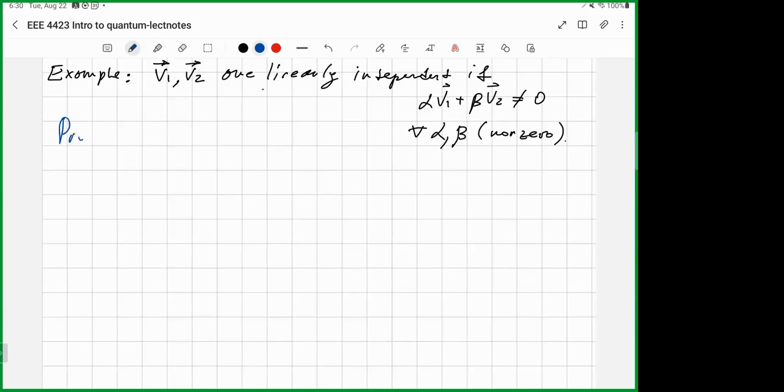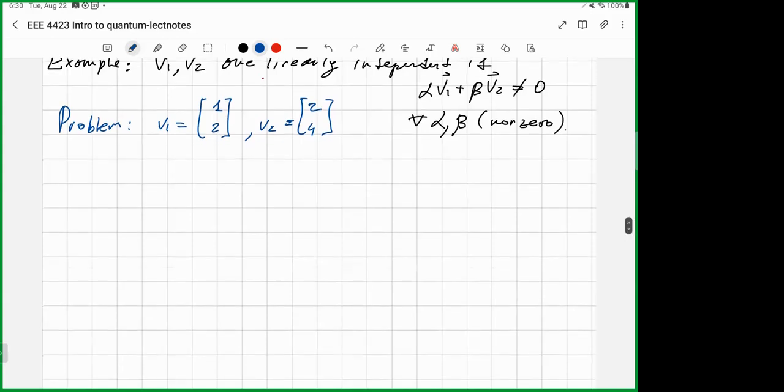So problem number 2, right? Let's take two vectors: v1, let's say 1 and 2, and vector v2 with components, let me take, for example, 2 and 4. So v1 is the vector with components 1 and 2, and v2 is the vector with components 2 and 4.